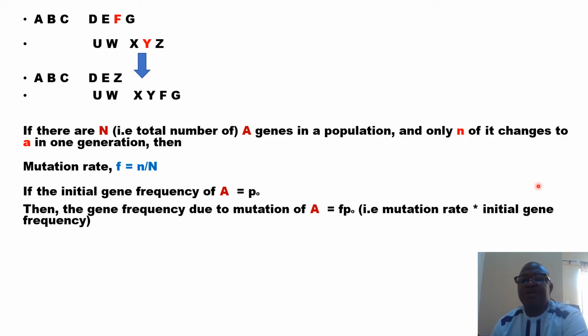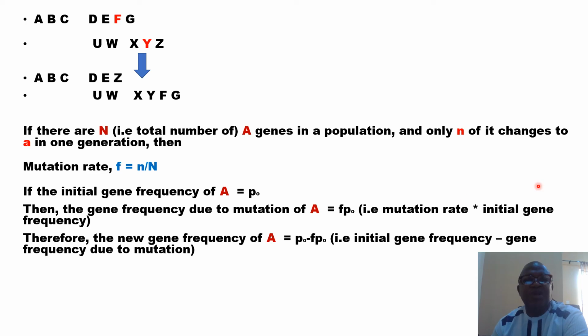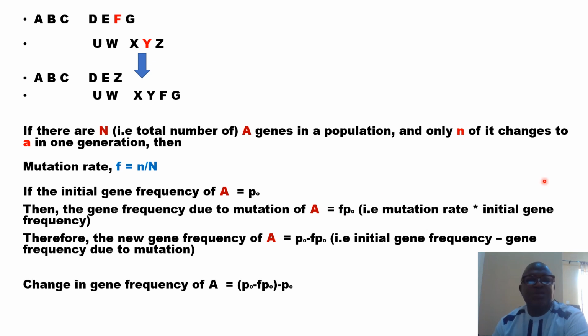Therefore, we can also obtain the new gene frequency of A, which is P0 minus F P0, that is the initial gene frequency minus the gene frequency due to mutation, which is this. Then we can also obtain a change in gene frequency using this formula, which will give us this at the end of the day.